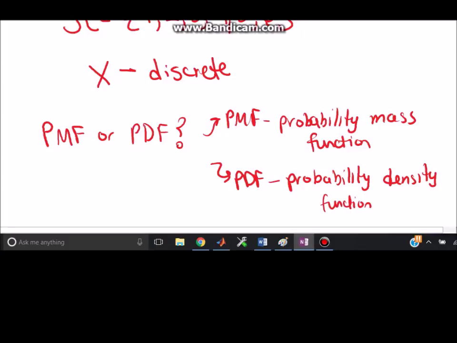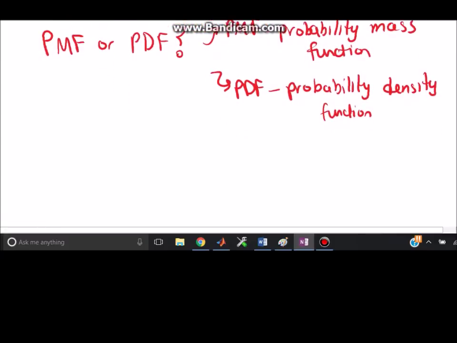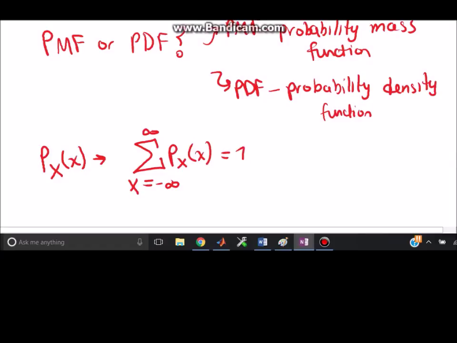We denote a PMF by Px of x, and the special property of it is that the summation over all values of x from minus infinity to infinity of the distribution Px of x should equal 1.